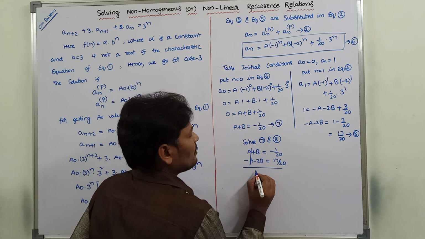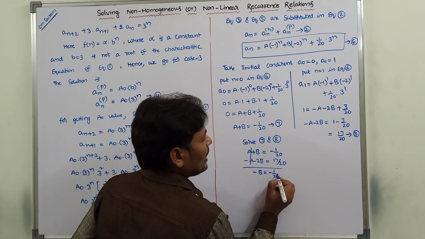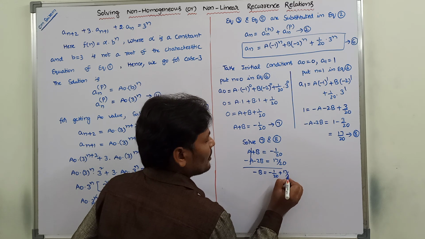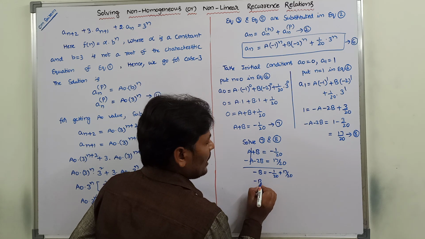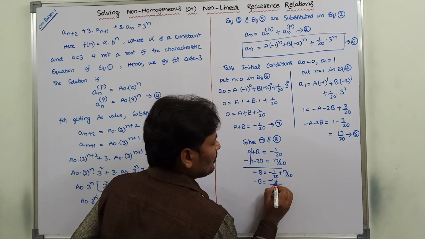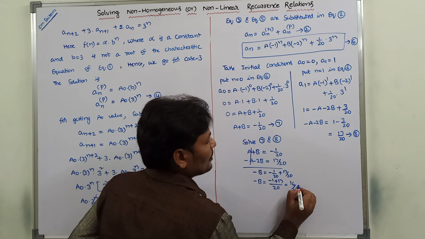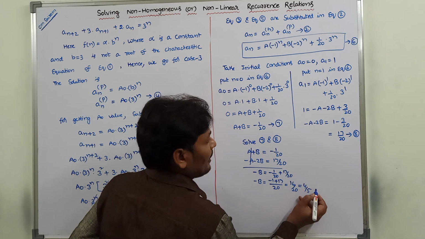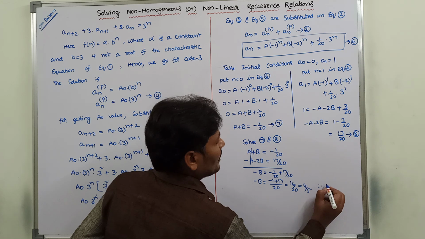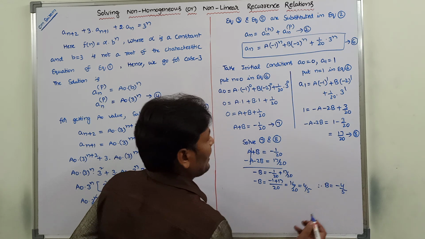So minus 2b plus b is minus b, which is equal to minus 1 by 20 plus 17 by 20. Taking LCM 20, minus 1 plus 17, that is 16 by 20, which is equal to 4 by 5. Therefore, the b value is equal to minus 4 by 5.